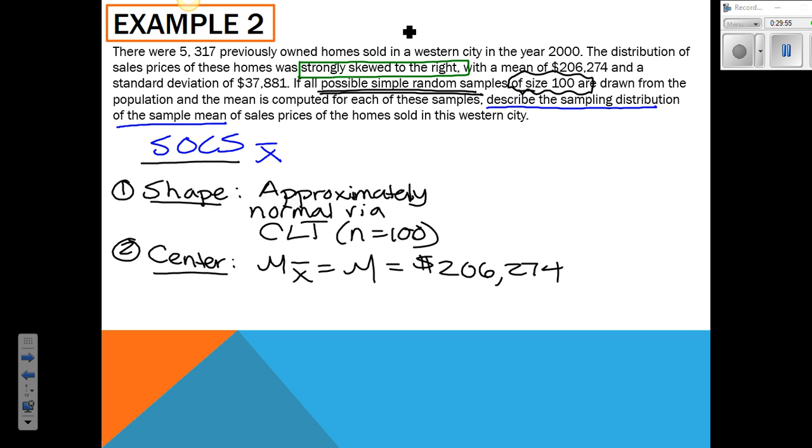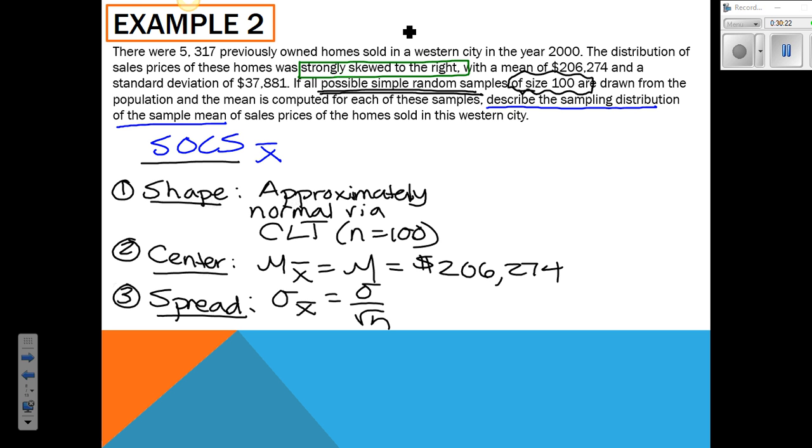All right. Spread. How do I calculate the spread here? You're not going to say high variation. You're not going to say low variation. You're going to give a specific number. And how do we calculate said specific number? We need to find the sigma sub x bar. So remember, that's going to be sigma over the square root of n.